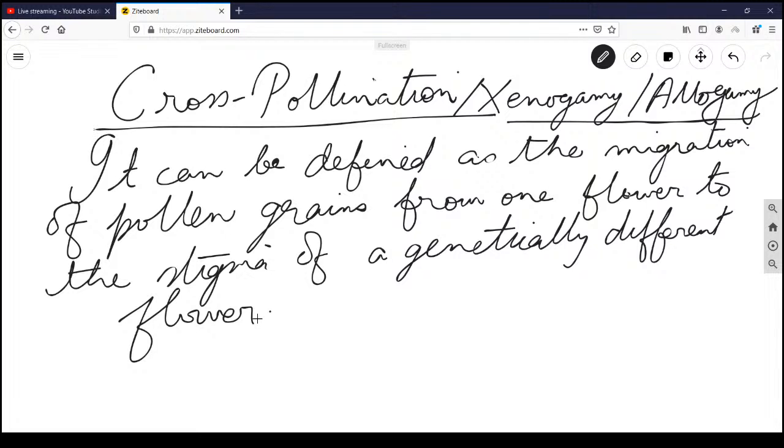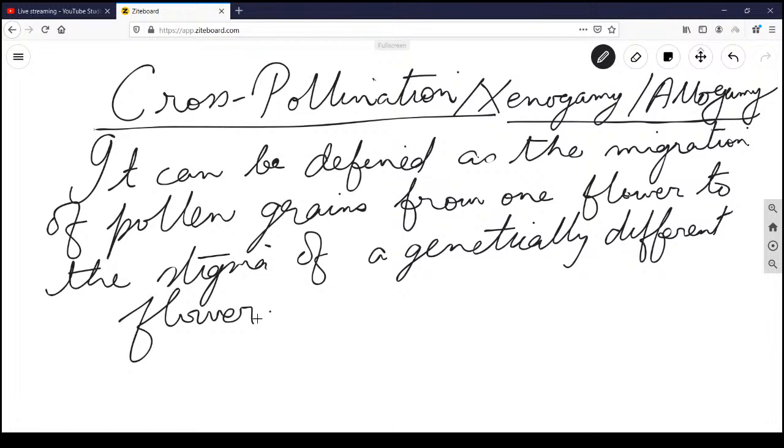So this will lead to what? The consequence of this will be what? If this happens, you will have genetic recombination in the long run. You will have more and more different genes mixed together.